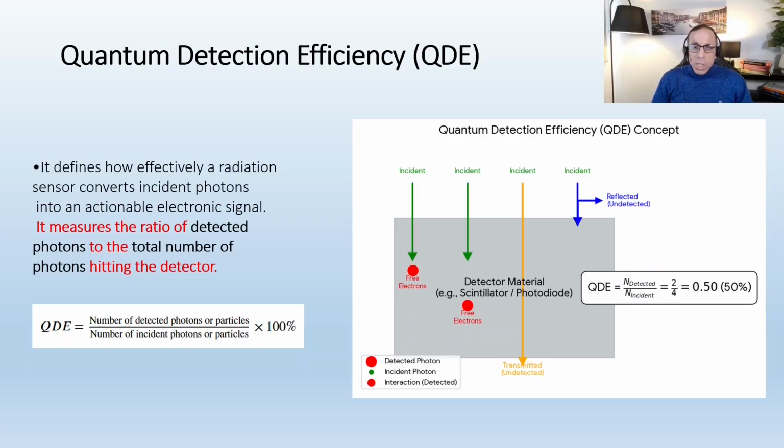In a conventional CT detector, we have exceptional QDE. It is around 90%. Because the detector is divided into discrete channels, the scintillator crystals can be made very thick to absorb almost all incident photons without causing blur.